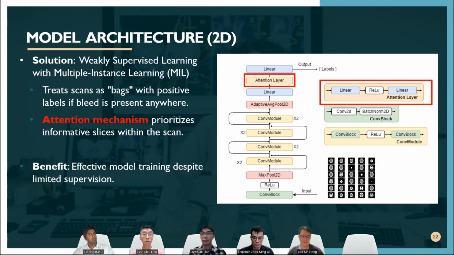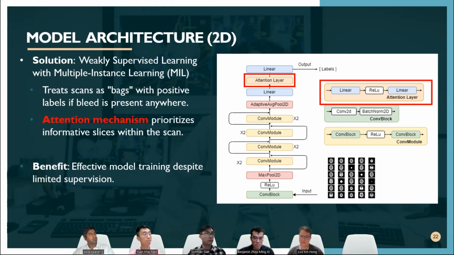However, instead of treating all slices equally in the combined layer, we integrate an attention layer prior to this aggregation process. This adjustment allows the model to assign different weights to each instance, thus prioritizing those layers that are more likely indicative of the bag's label.